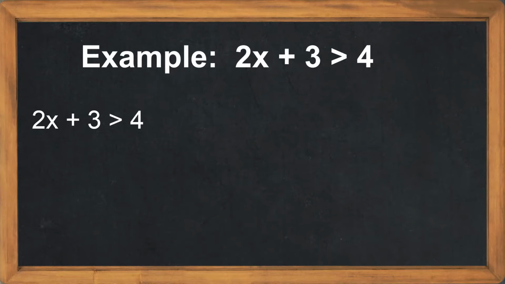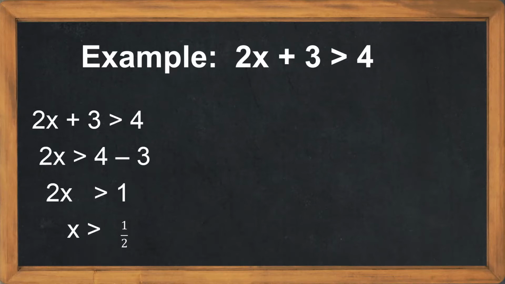When you move a number to the other side, if it's positive, it becomes negative, and if it's negative, it becomes positive. So it becomes 2x greater than 4 minus 3, then 2x is greater than 1, and now you divide both terms by 2. So you are dividing by a positive number, so everything remains the same. So x is greater than 1 over 2.